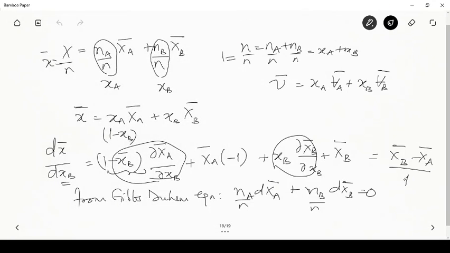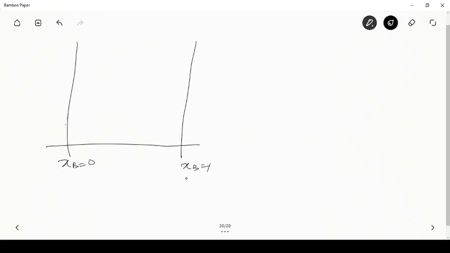Okay. So according to this expression, this is xb equal to 0 and xb equal to 1, and correspondingly xa equal to 1 and xa equal to 0, and I measure any property x bar, which is x by n for the mixture, and plot it here.